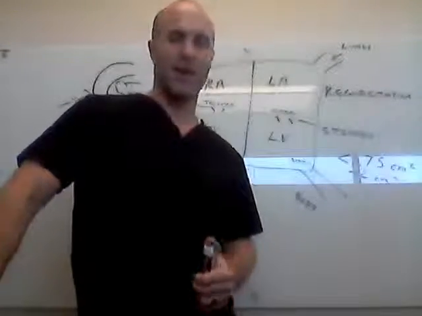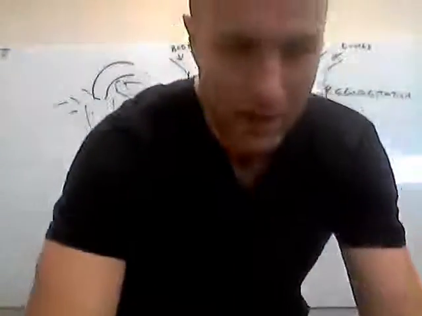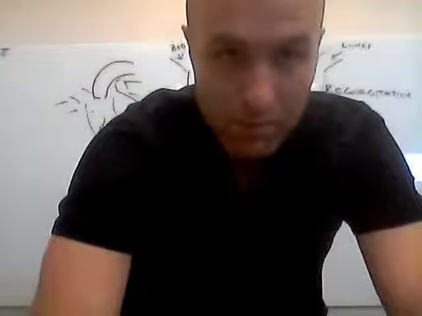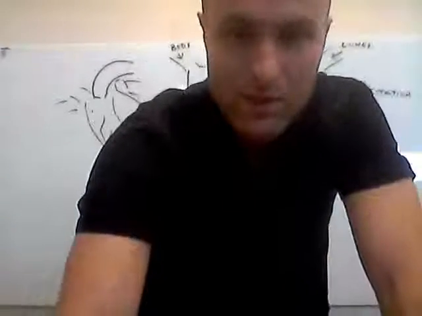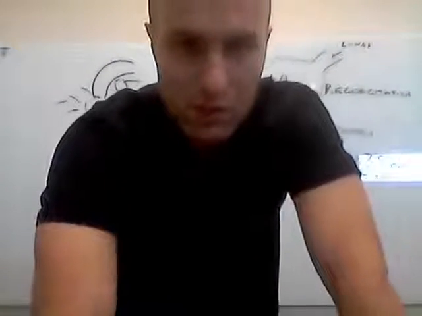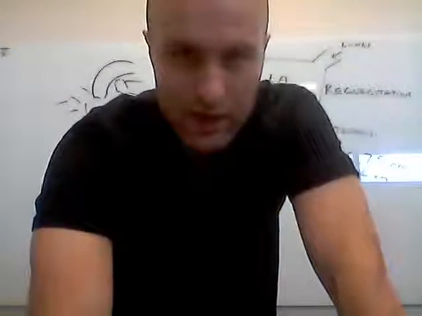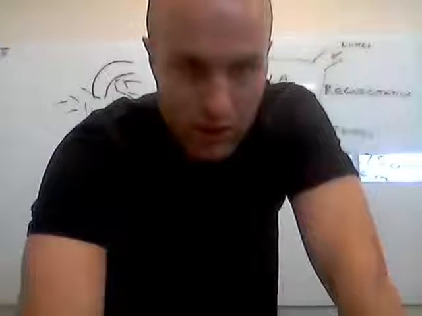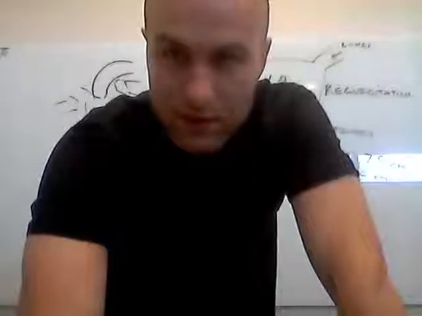Now, I need to double check. I believe orthopnea has to do with the position that they're in. However, I'm going to double check that because all of a sudden I'm doubting myself. Happens sometimes. It says orthopnea is shortness of breath which occurs when lying flat. Okay, that's why I was right.